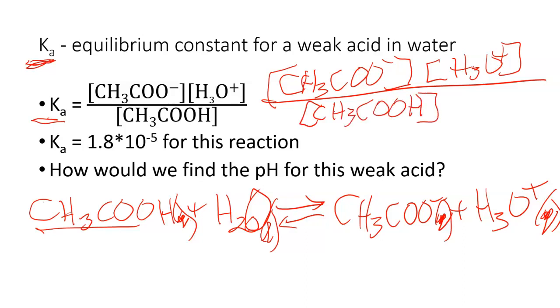Remember that since water is a liquid, we leave it out of our K equation because we leave liquids and solids out of our equilibrium expression. The Ka for this particular equilibrium is 1.8 times 10 to the negative 5th. So we're going to walk through how we would find the pH for this weak acid. It's going to be a bit more complicated than we did for strong acids.